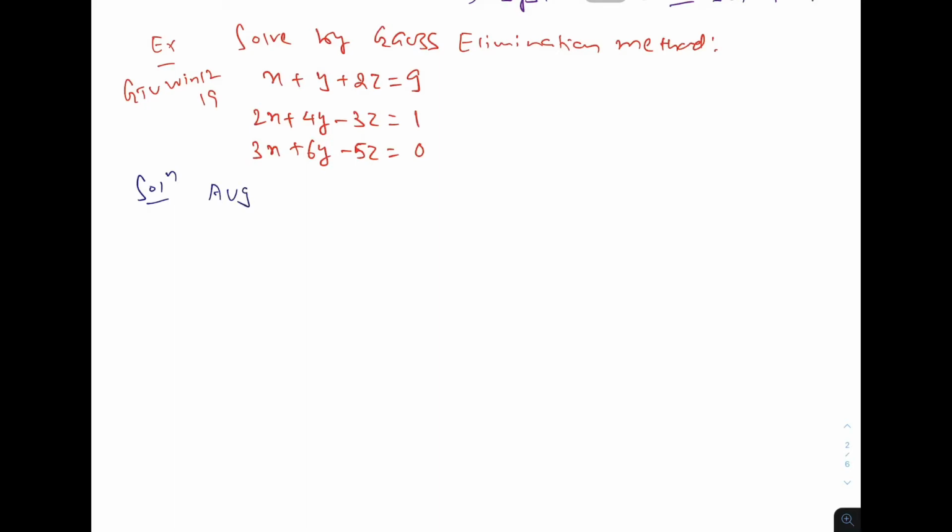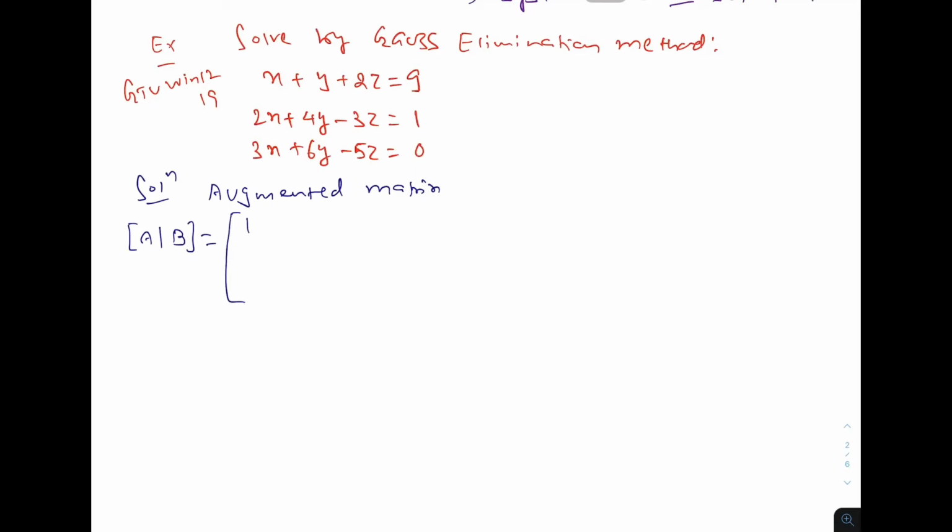So the first step here is the augmented matrix, that is we write it like this, AB. So A means the coefficient matrix from here: x coefficient, y coefficient, z coefficient and so on.